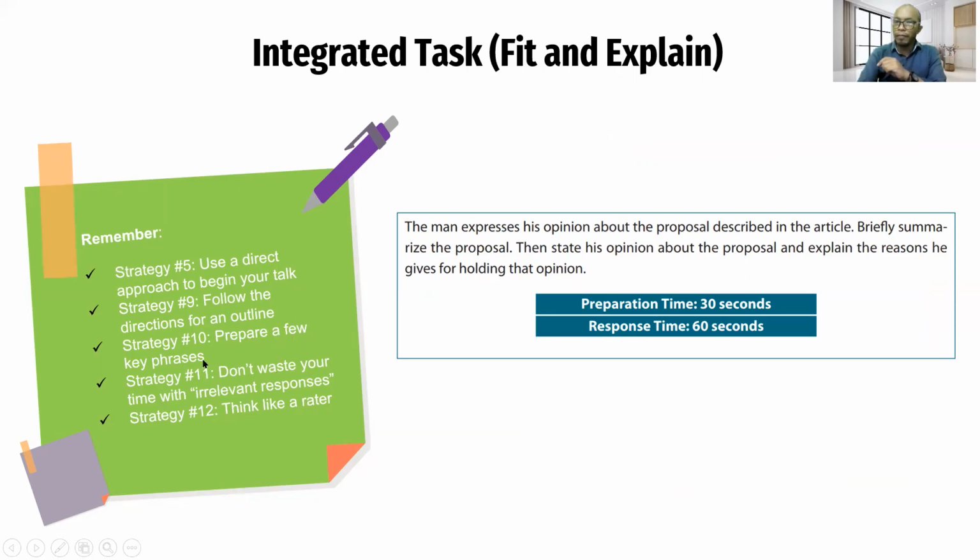Practice the few key phrases to help you when you are stuck. And don't waste your time with irrelevant responses. And the last one, as usual, think like a rater. Ready? Now begin your preparation in 30 seconds, starting from now.